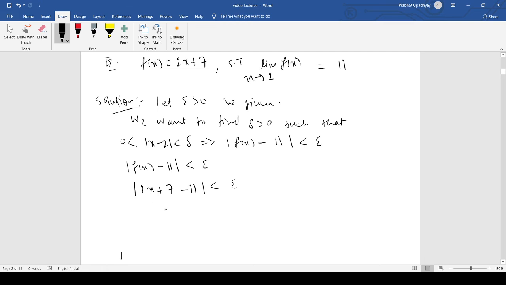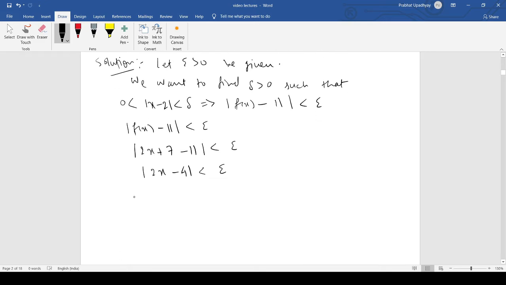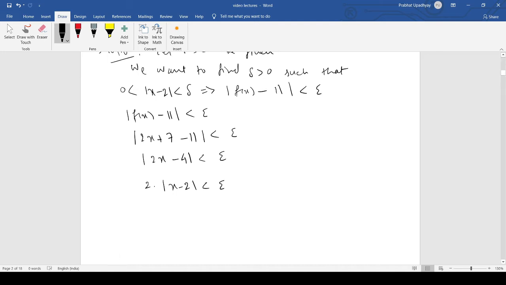Now 7 minus 11 gives 2x minus 4, which is less than epsilon. Now you can take 2 common, and since 2 is positive you can write it as 2 times mod x minus 2 less than epsilon. Now if I divide this inequality by 2, I will have mod x minus 2 less than epsilon by 2.